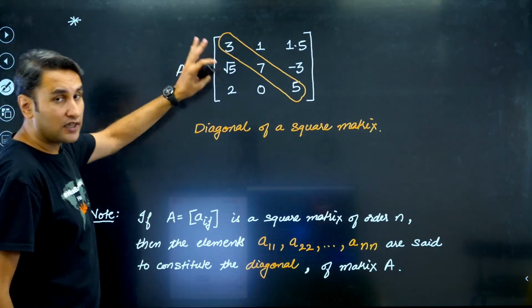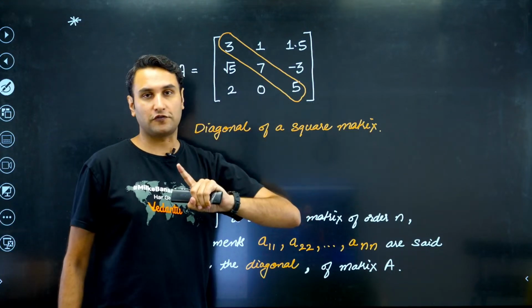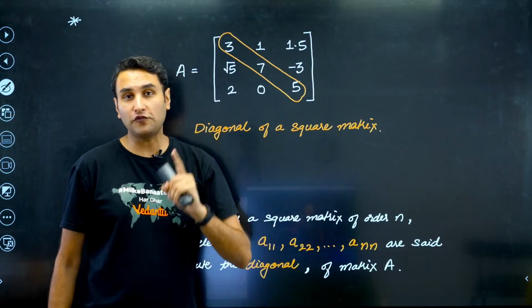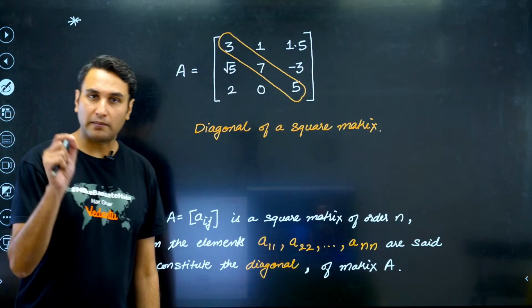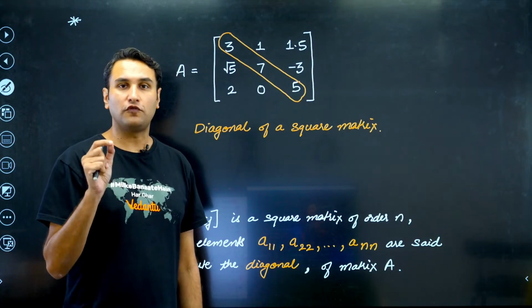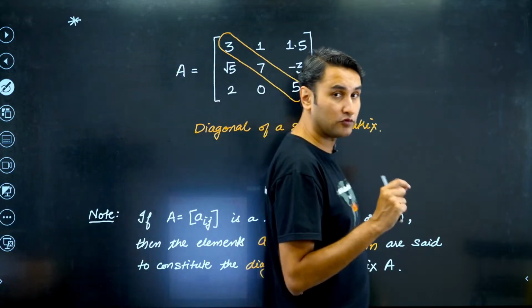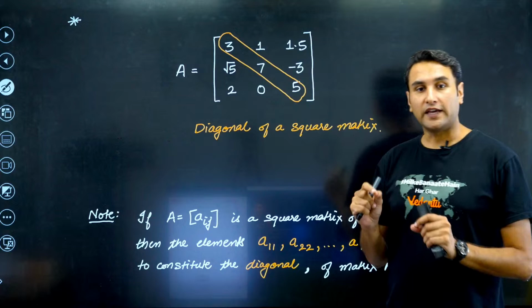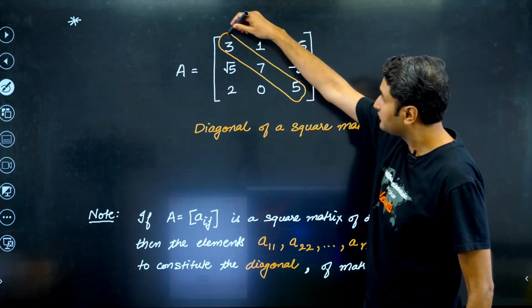Now, in a square matrix there is one special thing which is defined only for the square matrix, and that is the diagonal. So remember, diagonal is only defined for square matrices. You can note it down if you are noting it down with me. And what is a diagonal?